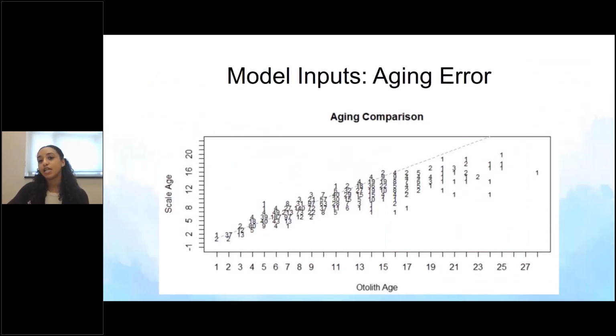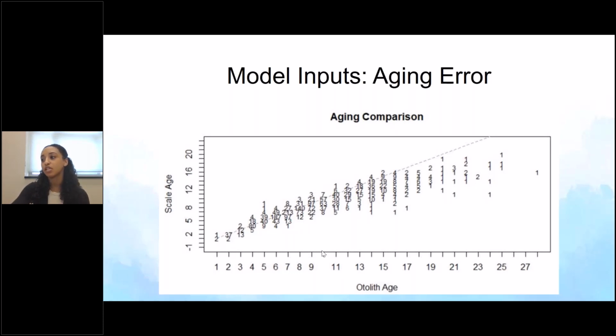And so quickly, let's go over what we mean when we're talking about aging error. Many state agencies use scales to age striped bass rather than otoliths, but otoliths are typically a lot more reliable than scales for this species. Looking at this plot that was made by my former lab mate, Sam Shiano, she took all of our data sources that have ages from both scales and otoliths for the same fish and plotted them on this graph.